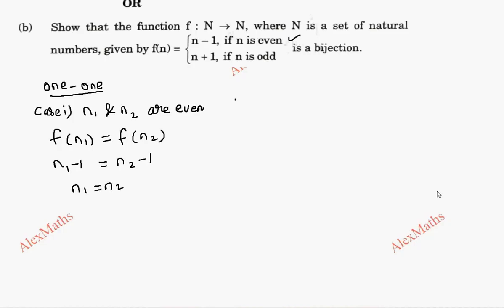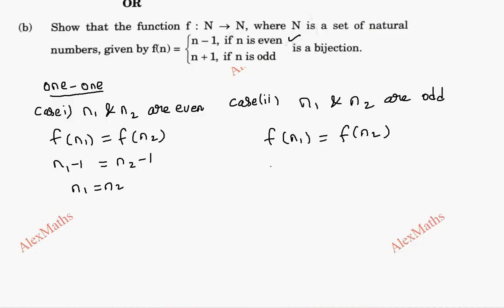Now case 2, I have to take n1 and n2 both odd. So f of n1 equal to f of n2, we take n1 plus 1 equal to n2 plus 1. From this I am getting n1 equal to n2.